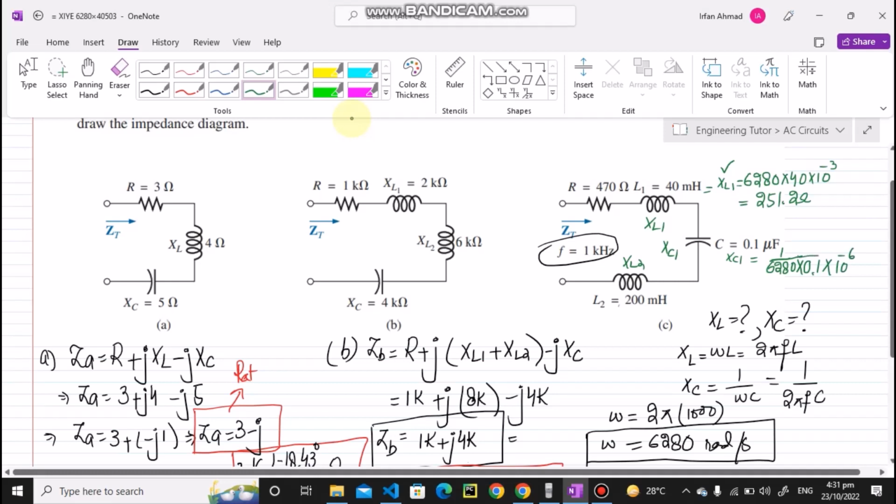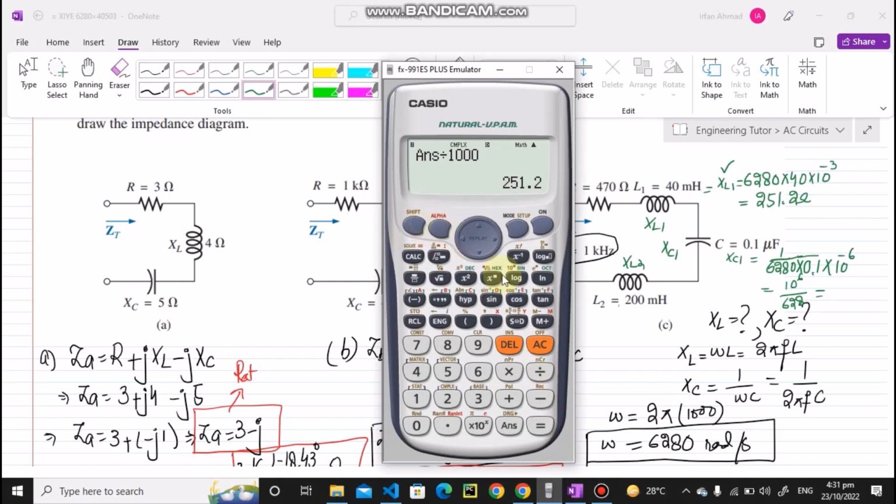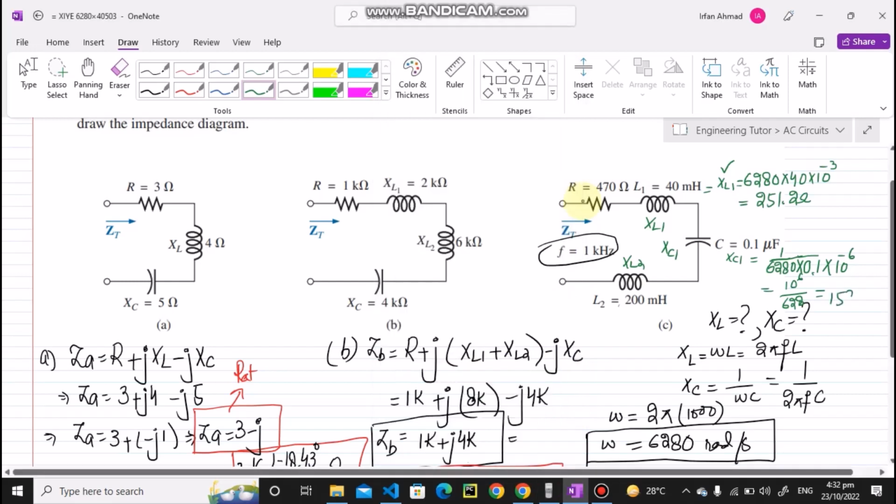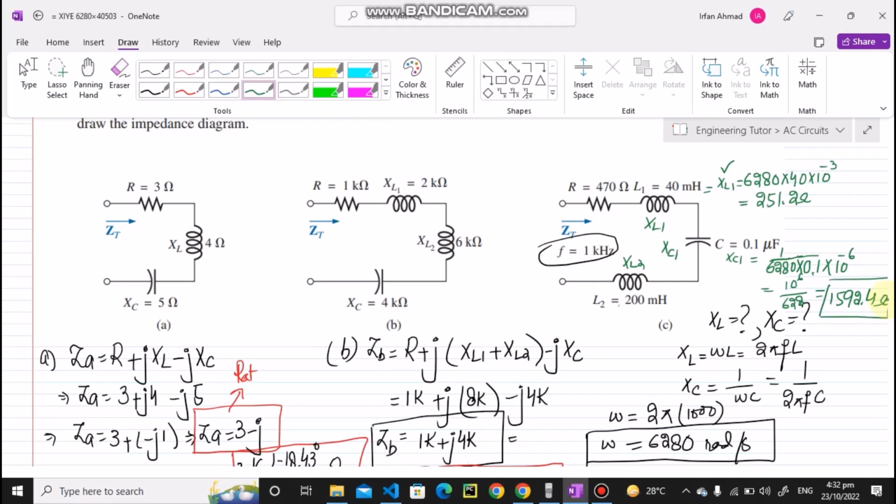So this would be 10 to the power 6 divided by 628. 10 to the power 6 divided by 628 is 1592.4 ohm, and that is basically the value of XC1.